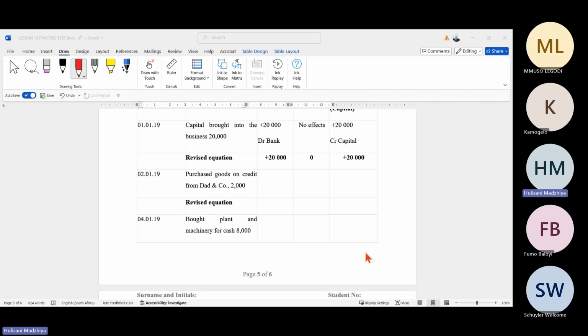Anyone would like to attempt this question? Which account do we debit? Which account do we credit? Anyone?